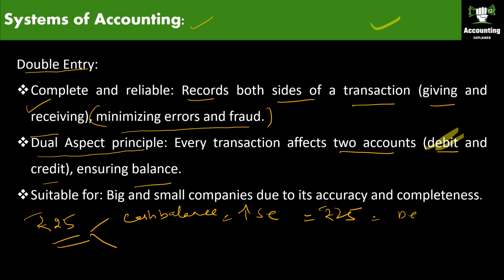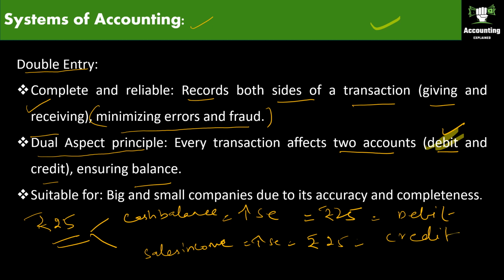That is the debit. And your sales income will also increase by 25. That is credit. So in double entry we are going to take both debit and credit into account.